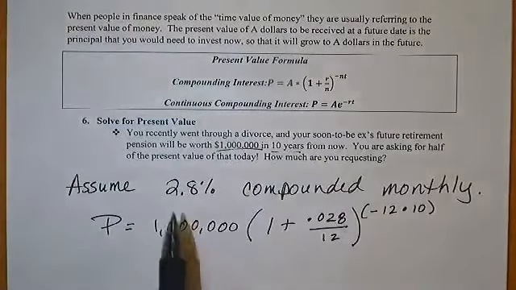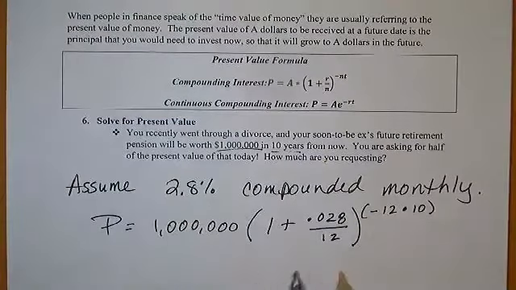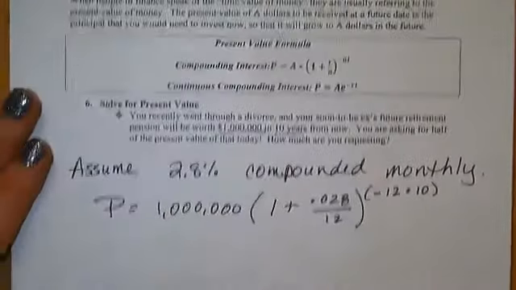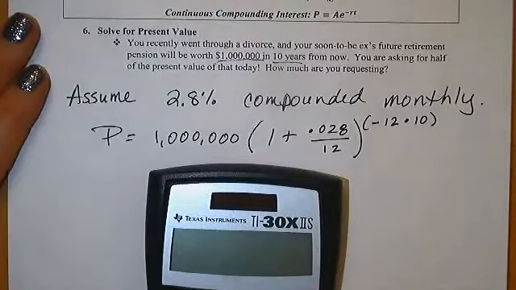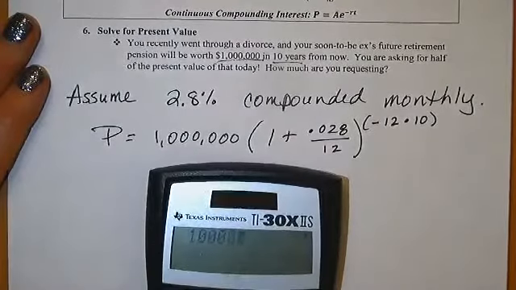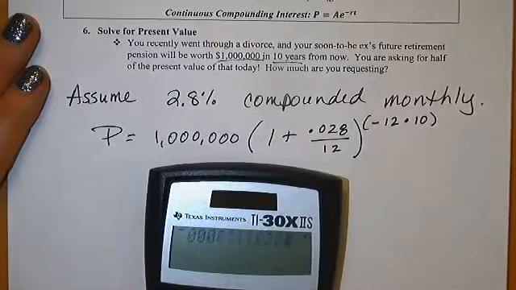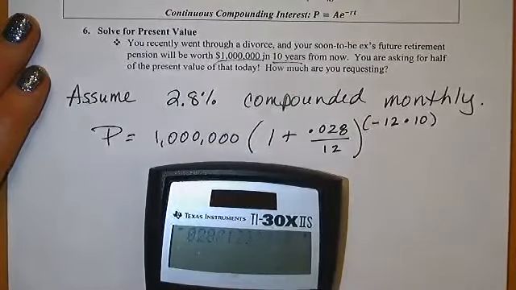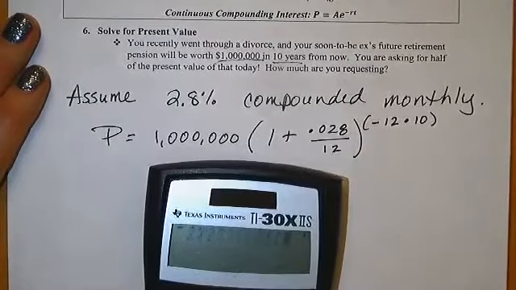So we're going to figure out exactly how much this $1 million would be worth today, 10 years prior to its maturity. So let's go ahead and find that in my calculator. So let's take the future principal, which is $1 million, times 1 plus 0.028 divided by 12, to the power of negative 12 times 10.